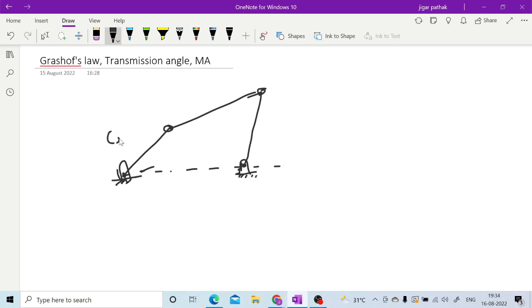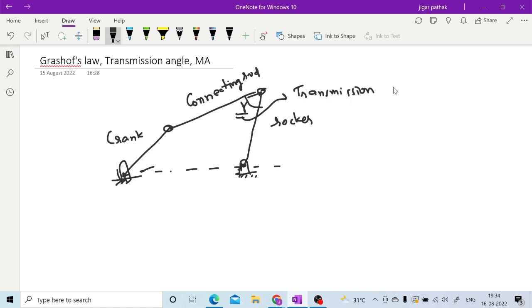So what is the transmission angle? You have this crank, this connecting rod or coupler, whatever you can say, and this is your rocker. Once you have this 4-bar chain mechanism, the angle between the connecting rod and the rocker is known as the transmission angle.